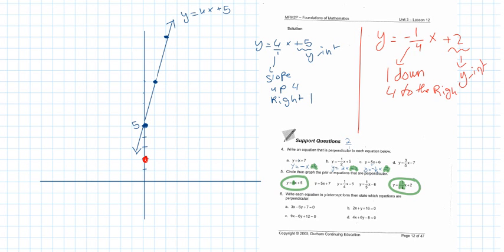Okay? So I have to go 1 down, and then 1, 2, 3, 4 to the right. Again, let's try one more time. 1 down, 1, 2, 3, 4 to the right.